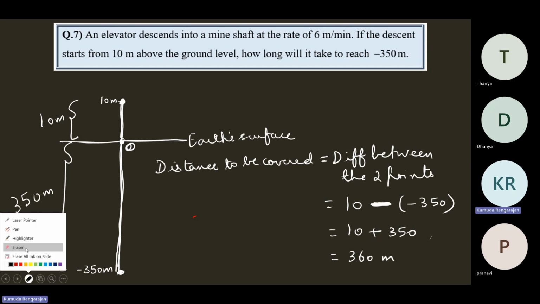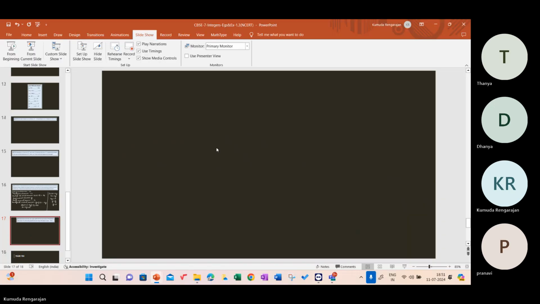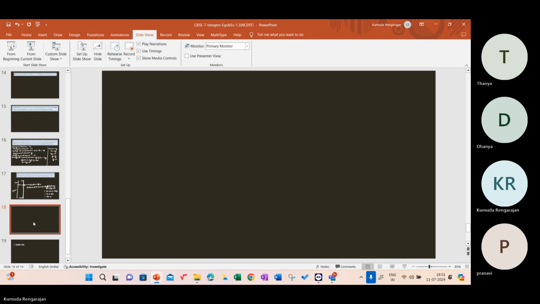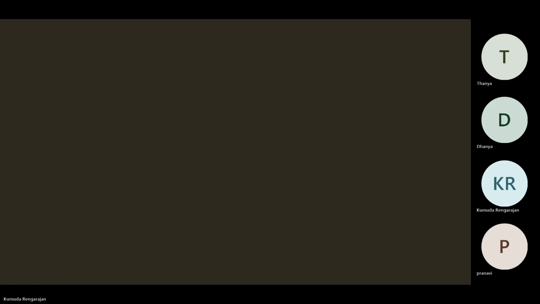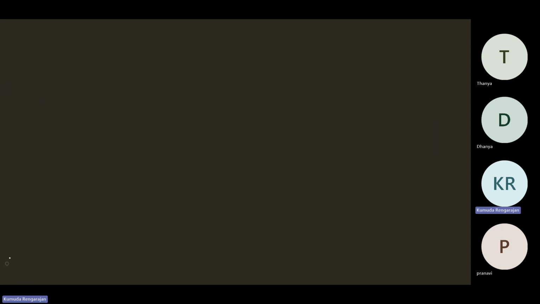Now the next part. The next part is to find the time taken. You can do it in 2 ways.